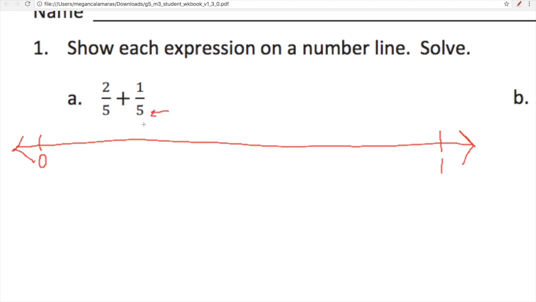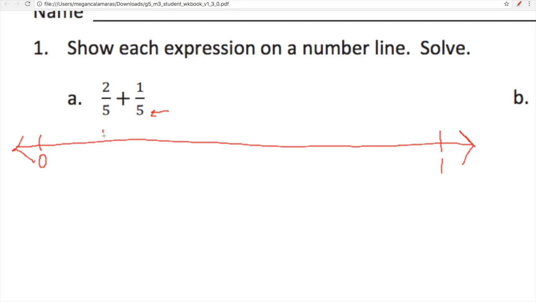Just be very, very thoughtful when you are dividing your number line into intervals. We need 5 intervals. Not necessarily 5 lines, but we need 5 intervals because we're dividing the space between 0 and 1 into fifths. So I'm going to try to do this as evenly as possible.